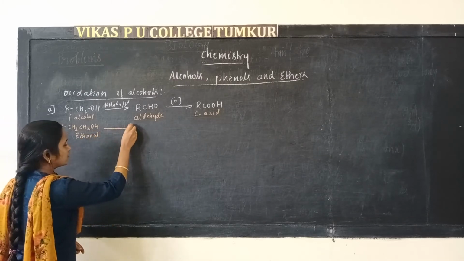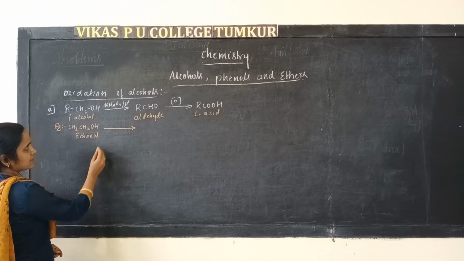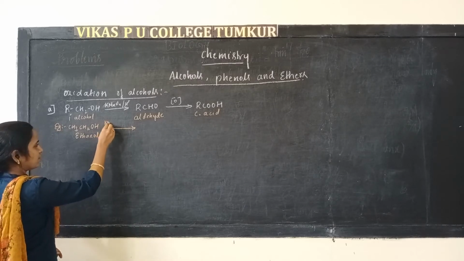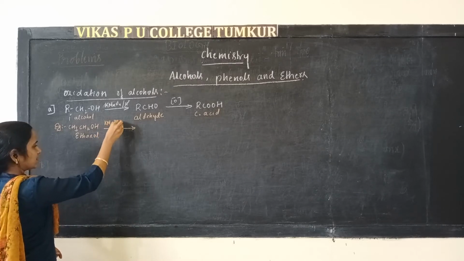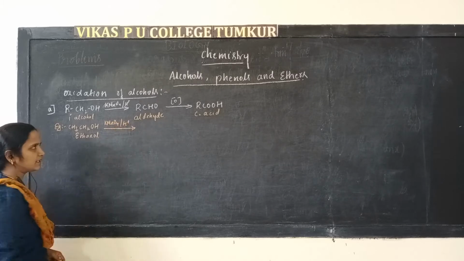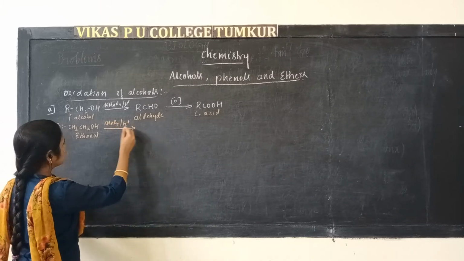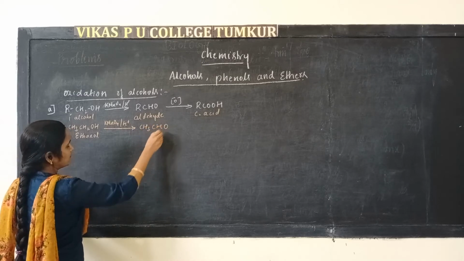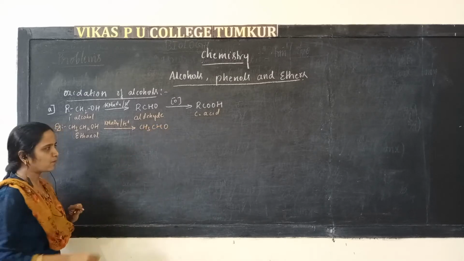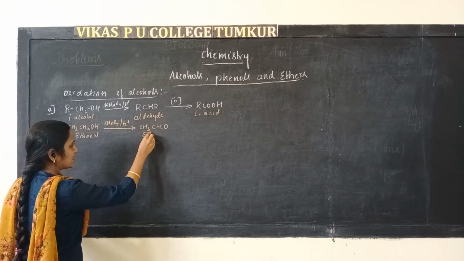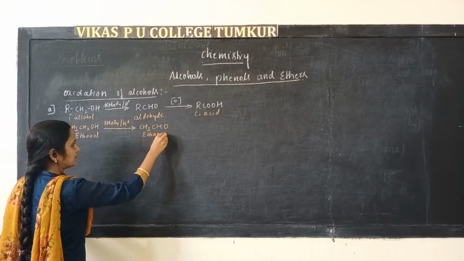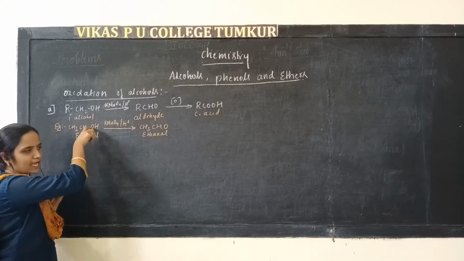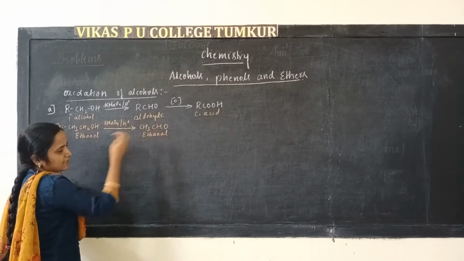This undergoes oxidation in the presence of acidified KMnO4. We get CH3CHO. The name of this compound is ethanal. The difference is that OL means alcohol, while AL means aldehyde.